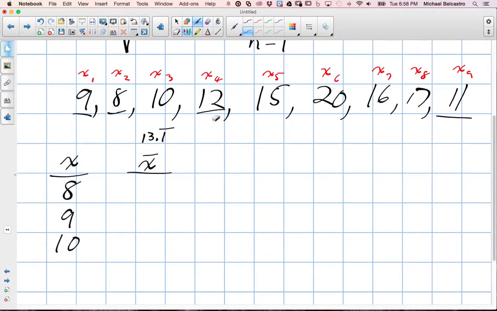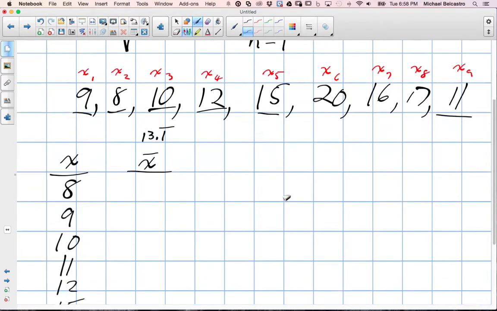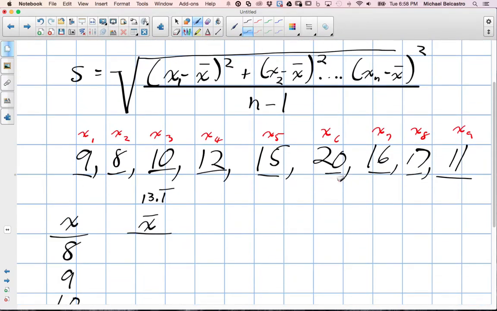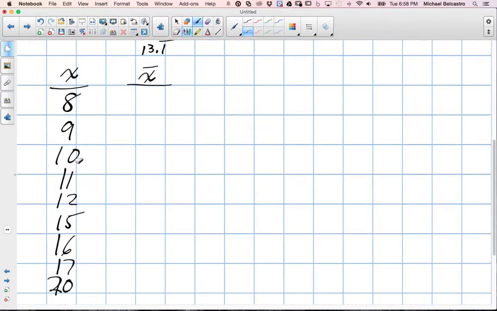Yeah, we have an 11, we have a 12, and then 15, 16, 17, and then 17 and 20. Great, our 9 pieces of information. So these numbers were just chosen at random. And our x bar is our 13.1. It's the same number all the way through, and you can write it over and over again.